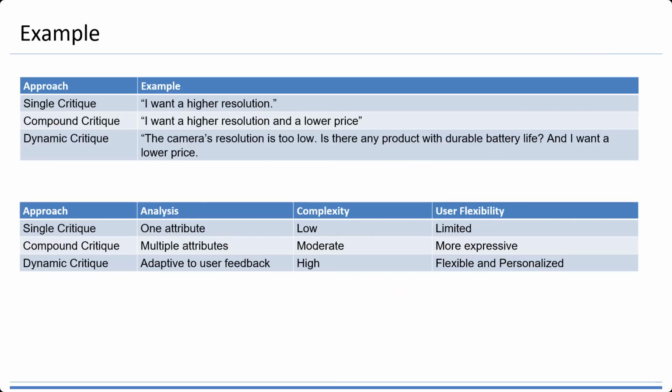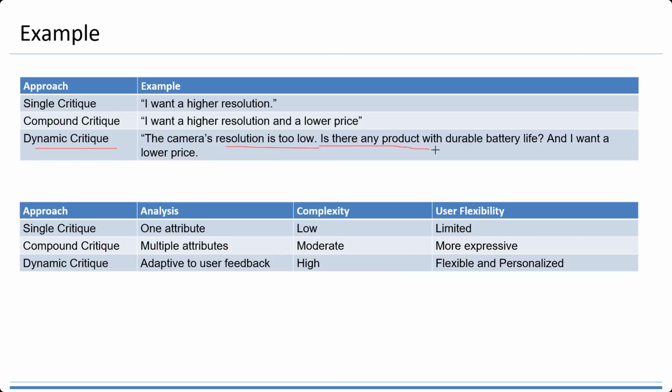For the single critic, we can see something like this: I want a higher resolution. It means only one attribute. The compound critic means I want a higher resolution and a lower price. For the dynamic critic, it's more complicated: the camera resolution is too low.